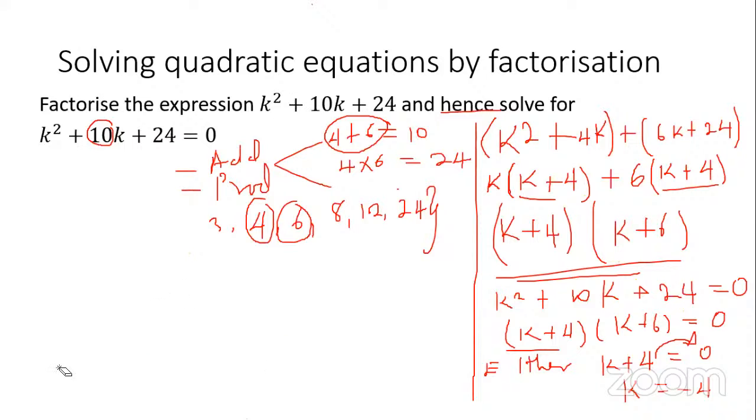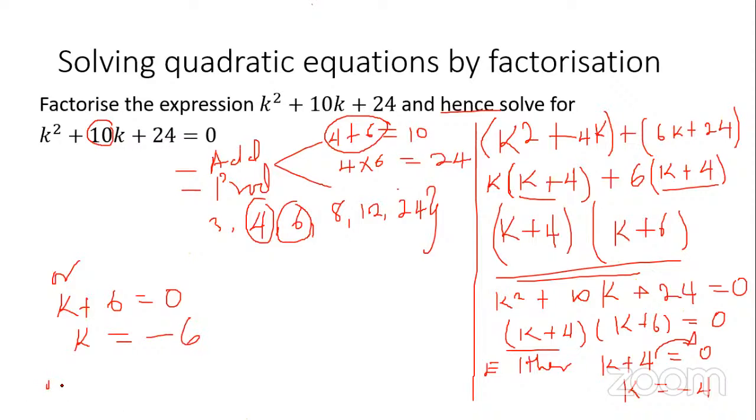That space is enough. So I'm going to say or k plus 6 is equal to 0. And what would be our k? It will be negative 6.